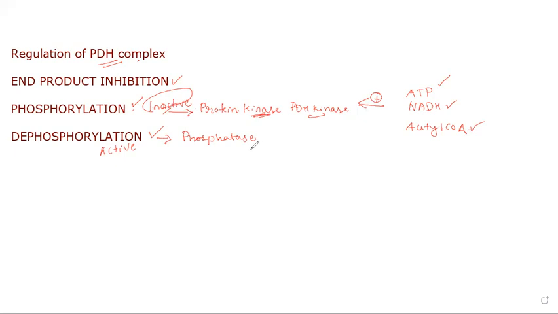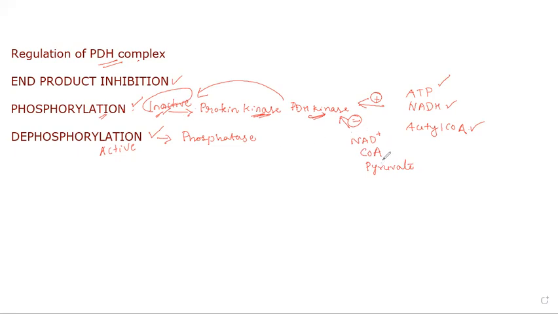And this PDH kinase or protein kinase is inactivated by NAD plus, coenzyme A, and also pyruvate when they are present in large amounts, which leads to the inactivation of PDH kinase, which in turn causes the stoppage of phosphorylation.